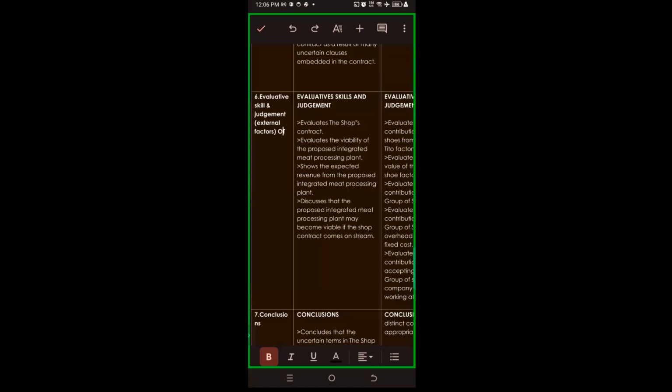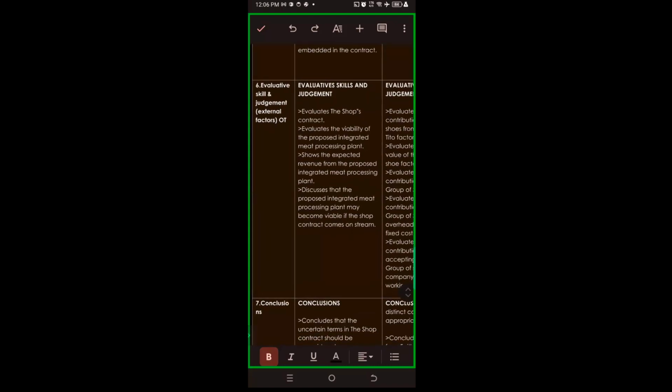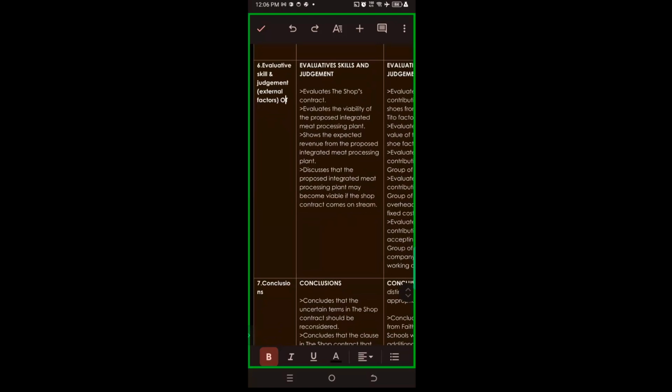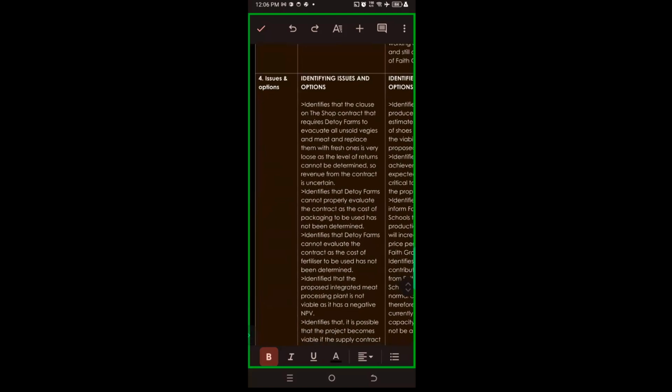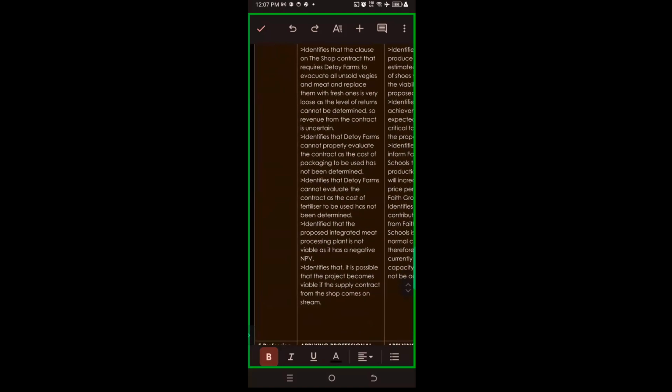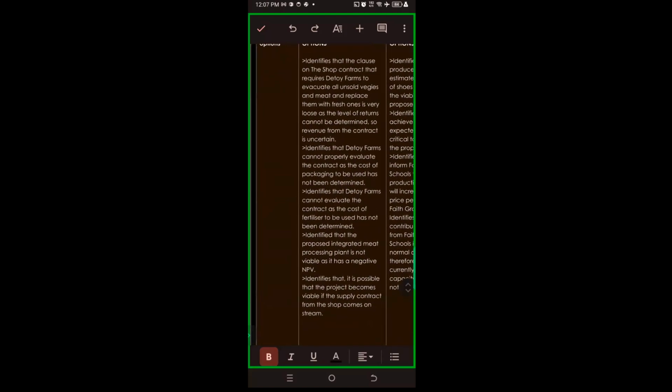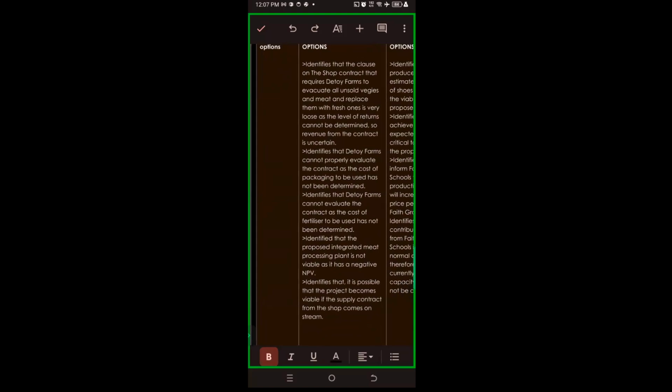If you see, evaluate the D-Shop's contract, evaluate the viability of the proposed integrated meat processing plant, show the expected revenue from that, they are the same with issues and options. They are virtually the same. Identify that Digital Farm cannot properly evaluate the contract cost for fertilizer and all that. They are basically the same, right?